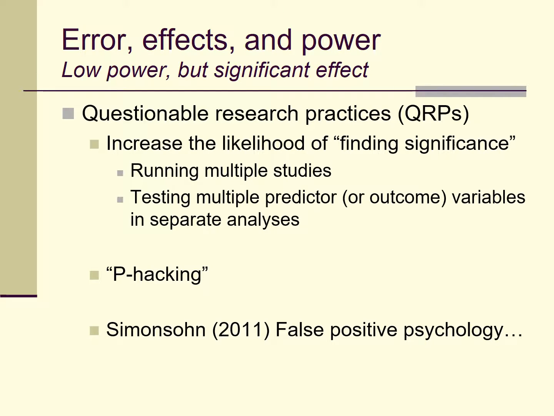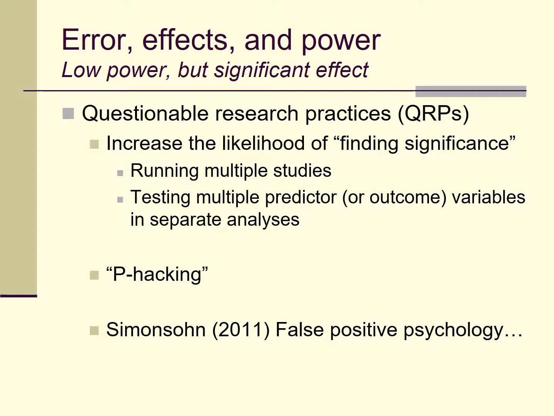Things like running multiple studies until you get an effect which seems significant, repeating and tweaking and adding participants until the effect is significant, then stopping analyses or stopping recruitment.